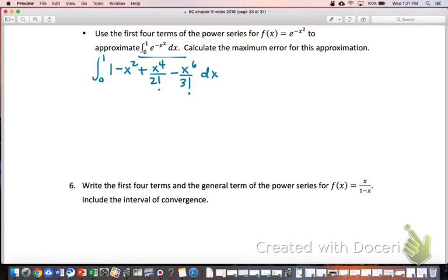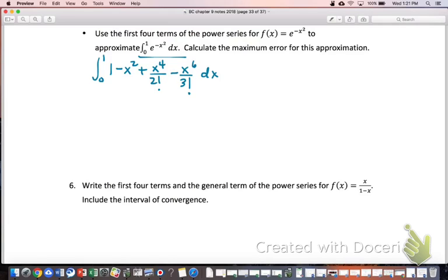So the max possible error is just going to be the next term evaluated from 0, which is what? 1/3 plus 1/10 minus 1/2. One is minus 1/3 plus 1/10. If you do alternate series, you can alternate series. Which has to be less than or equal.